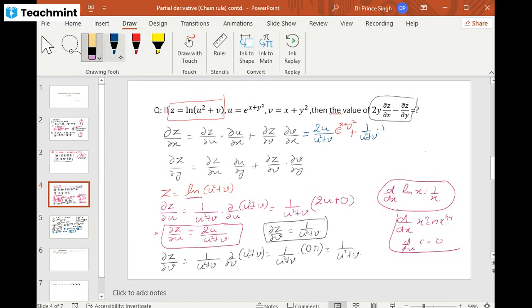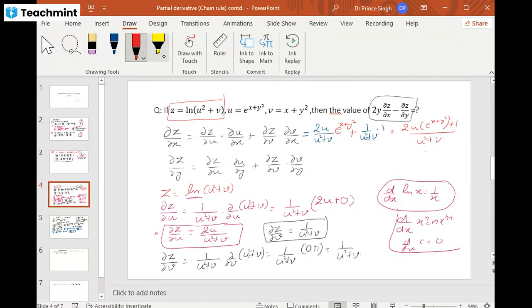So if we clear this part, we can say that its value comes out to be 2u e^(x + y²) + 1 upon u² + v, which is again u, right?